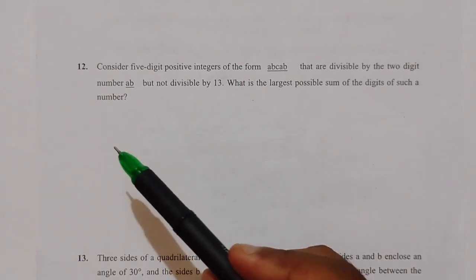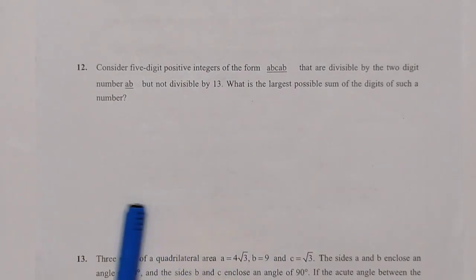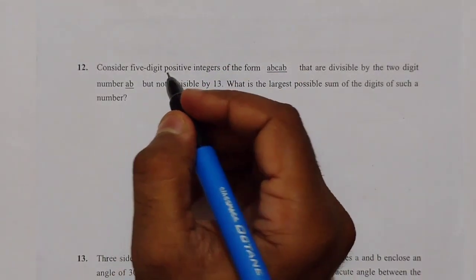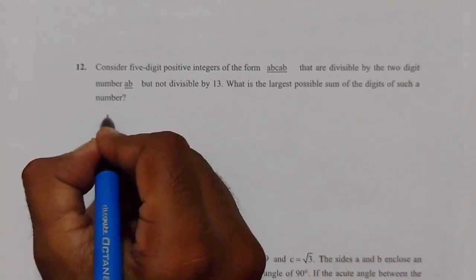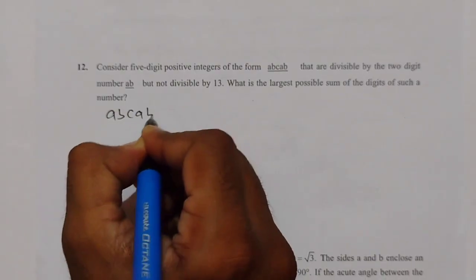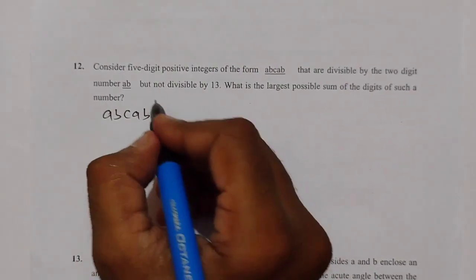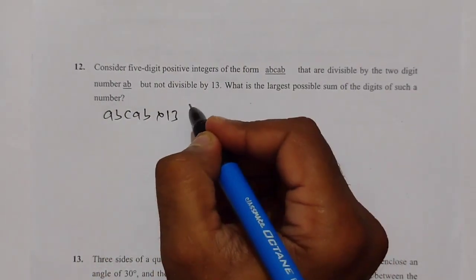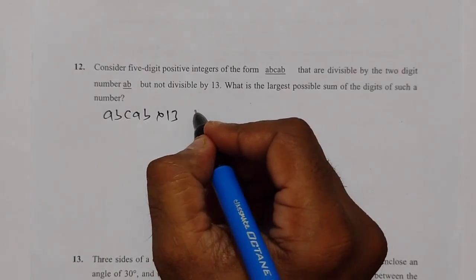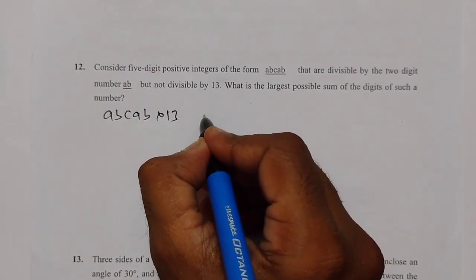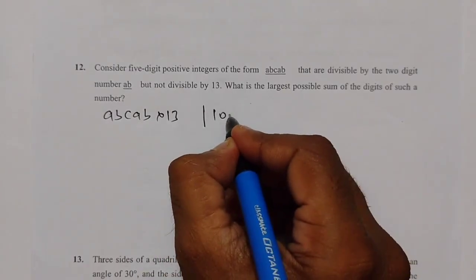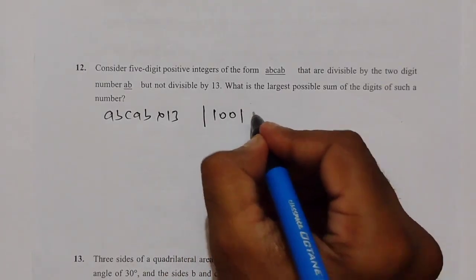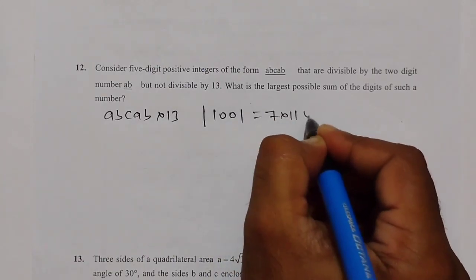So now if we multiply this number ABCAB by 13, we have the number 1001 is equal to 7 into 11 into 13.